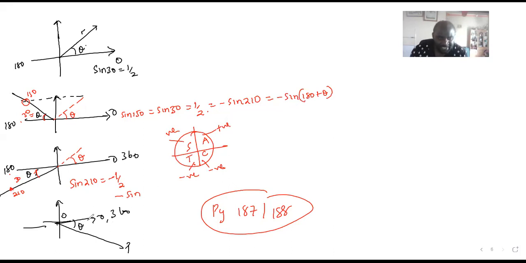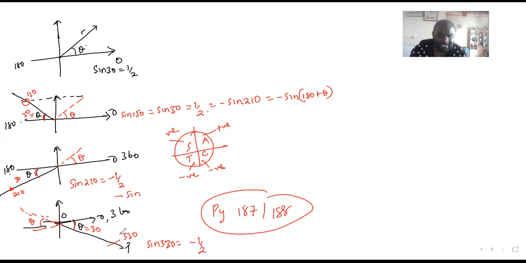Then the last quadrant here has 0. If this is 30, how do I know that it's 30? Look at this second value here, where we saw theta. This value is theta. This one also would be theta. So if our theta was 30, then the angle here would be 330. Sine of 330, when you confirm with the calculator, is also negative a half.